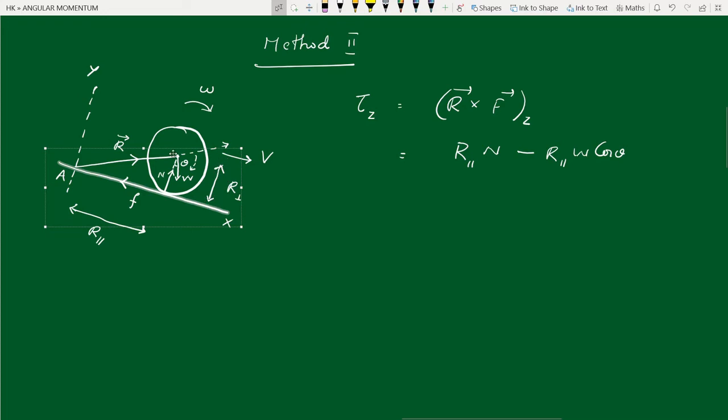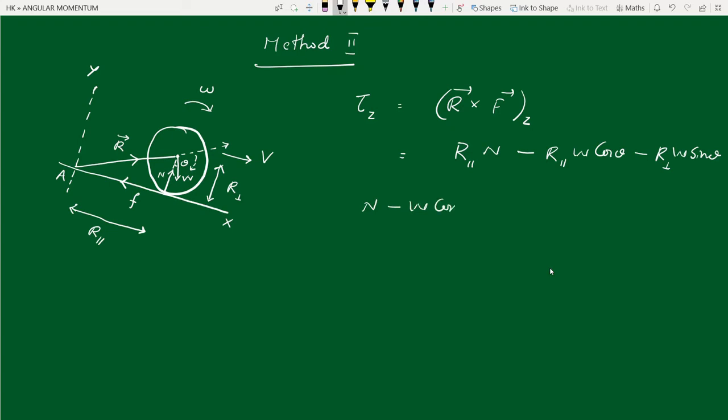So the next term is minus r perpendicular W sin theta.